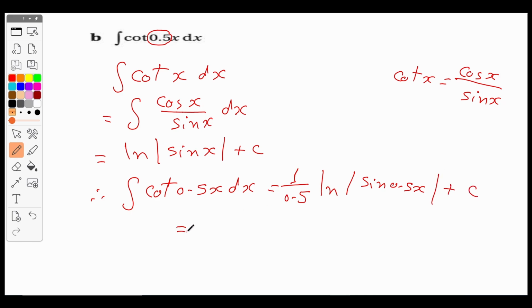You should write this answer in the simplest form. 1 divided by 0.5 is 2, so 2 ln of the modulus of sine 0.5x plus c. This is the answer of this question.